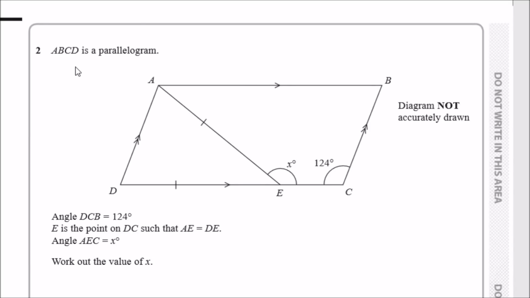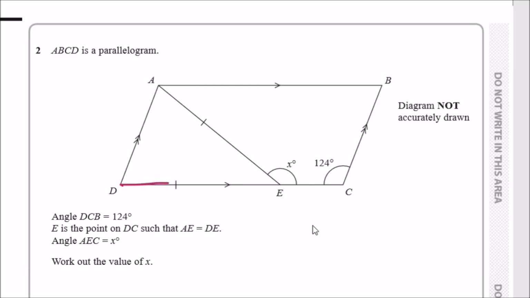Now, ABCD is a parallelogram, meaning we got some parallel sides from these two and 2 other parallel sides. They also tell us that angle DCB is 124 degrees, and E is on the point DC, such that AE equals DE. Ooh, looks like we got an isosceles triangle.